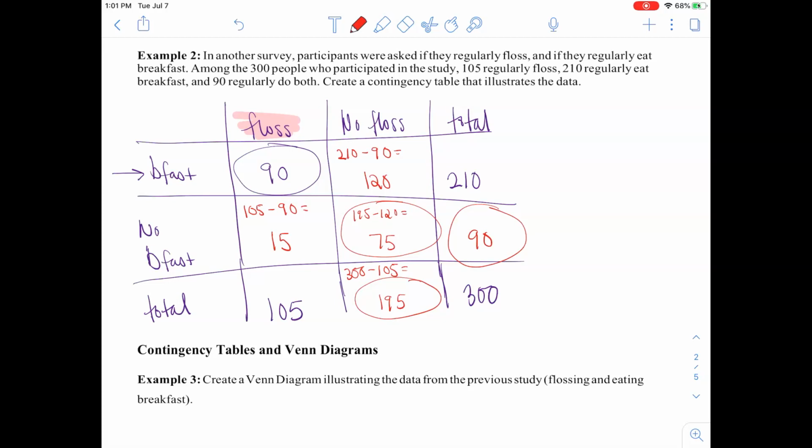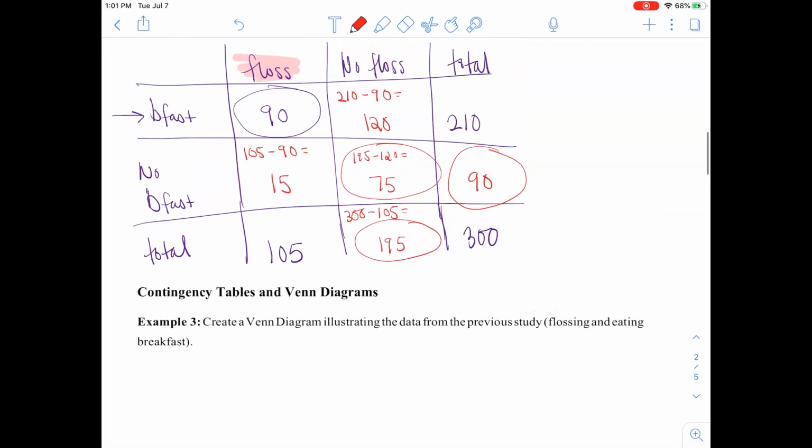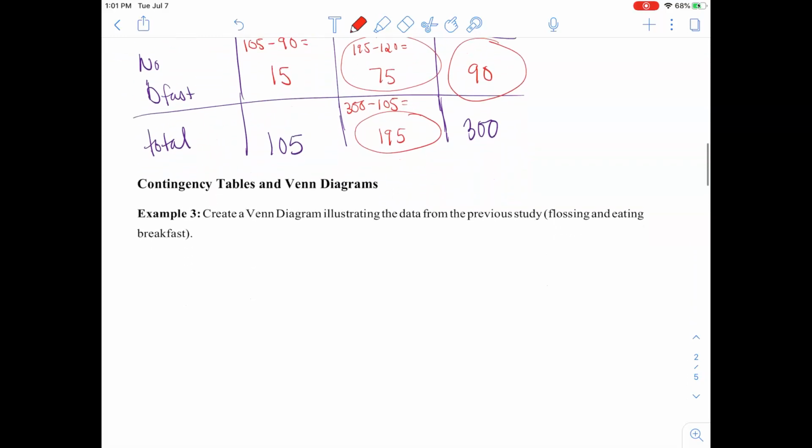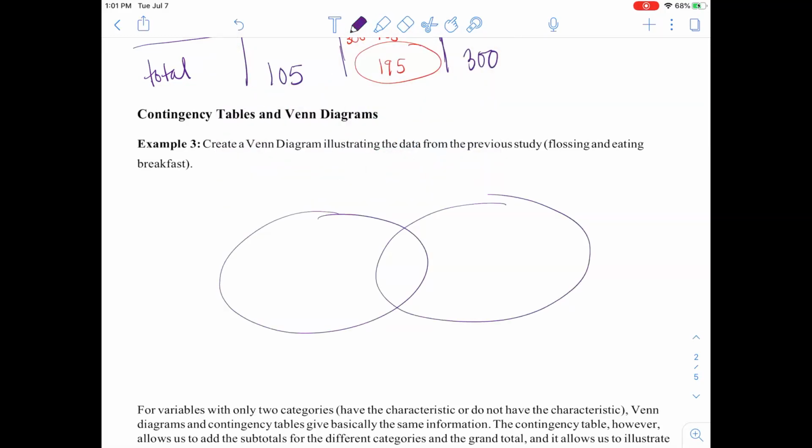All right, now for example 3, we're going to compare using this information versus a contingency table and now put it into a Venn diagram and see the difference between the two ways to organize your data. Well, we're talking about flossing and eating breakfast. Okay, well, they told us that 90 did both.